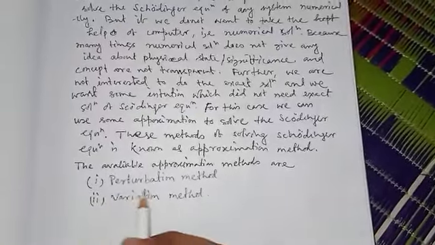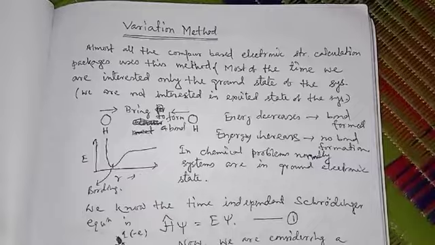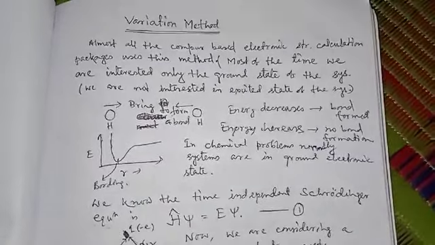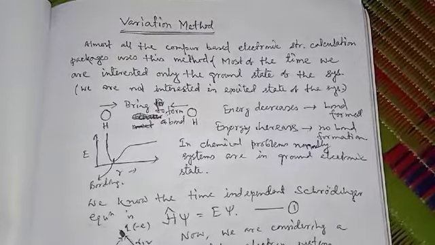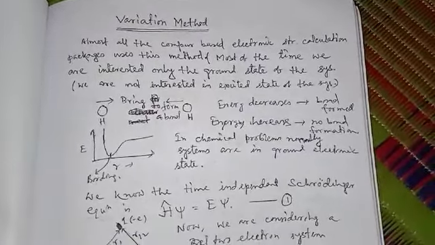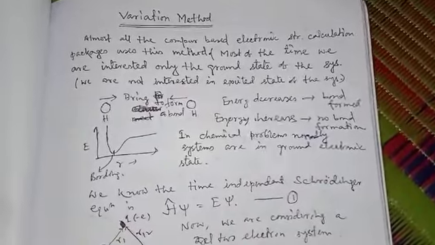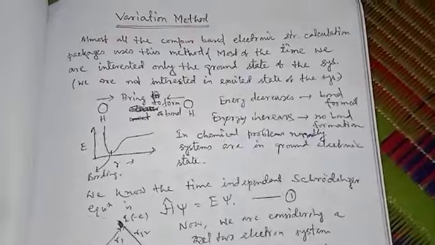Let's start the variation method, or variation approximation, to solve the Schrodinger equation of complex systems like many electron systems or systems higher than the particle in a box and simple harmonic oscillator.